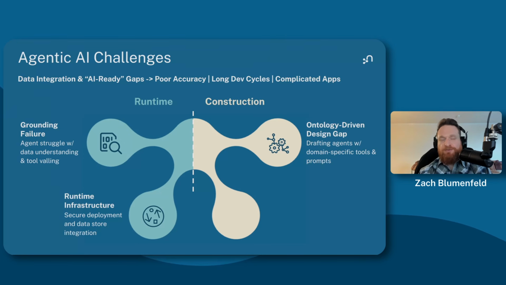If you're familiar with the term ontology, in concept an ontology is really a schema and logical rules about your data and the use cases and how you apply logic to your data, right? And in theory, if you know your ontology, if you know the business rules around your domain and the schema of your data, that should be enough to at least draft an initial enterprise AI agent, in theory.